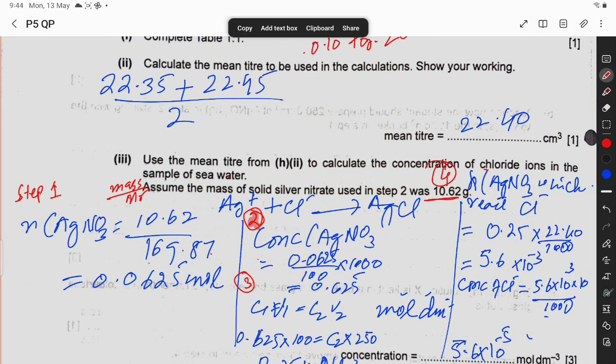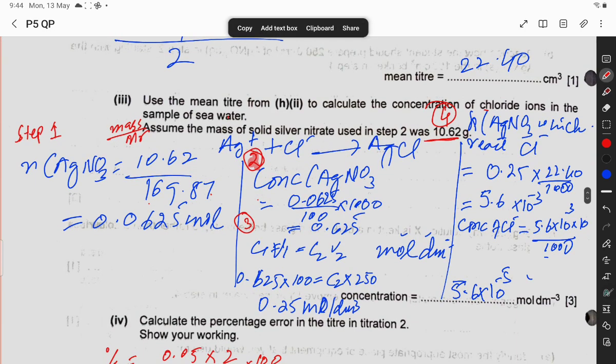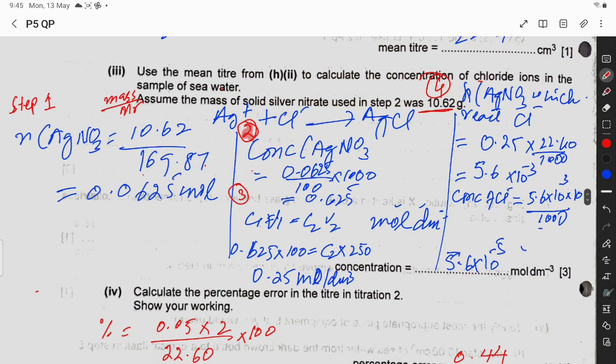Concentration equals 0.0625 moles, and the volume is 100 cm³ divided by 1000. So the concentration of silver nitrate is 0.625.